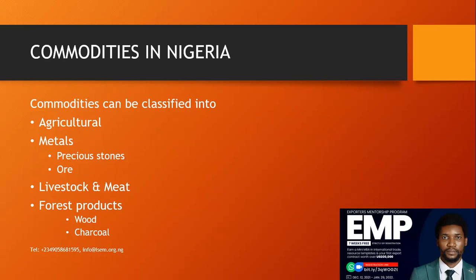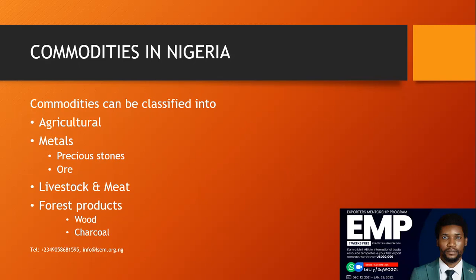Under the metals, we have the precious metals, the metal ores, and liquid metals also in Nigeria that you can export to other countries around the world. We have the livestock and meat, and forest products, which are wood logs and charcoal and others.